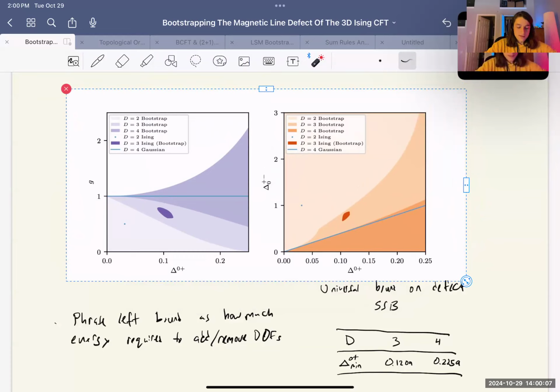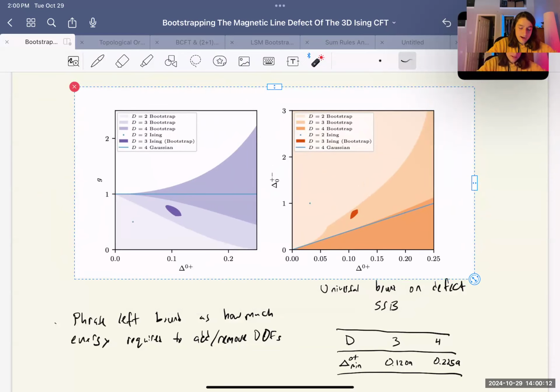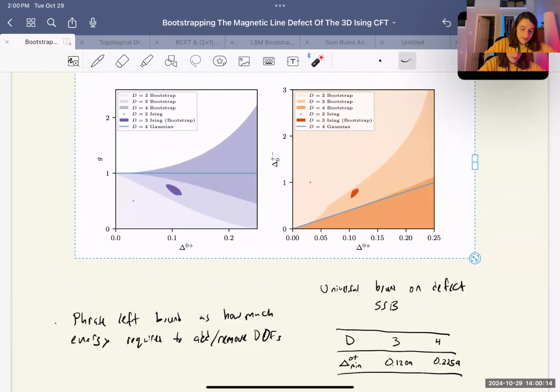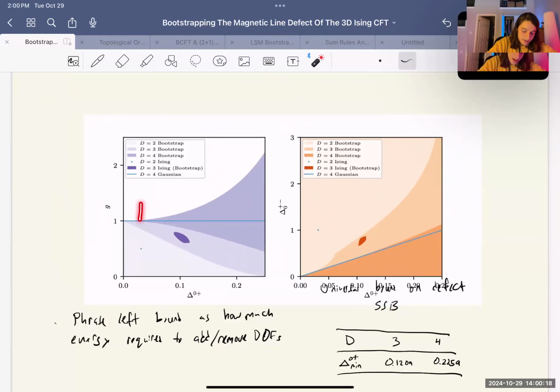then we see that in higher dimensions, if you add degrees of freedom by making G positive, then it will necessarily cost some energy. If you think of the dimension of the endpoint as being like this energy on a sphere of creating this defect.